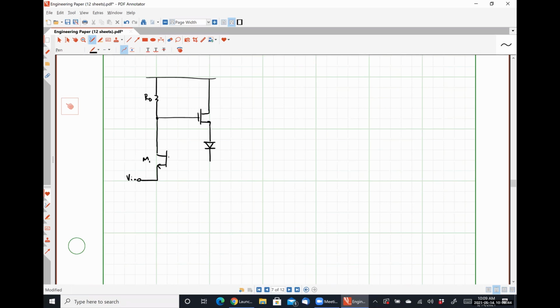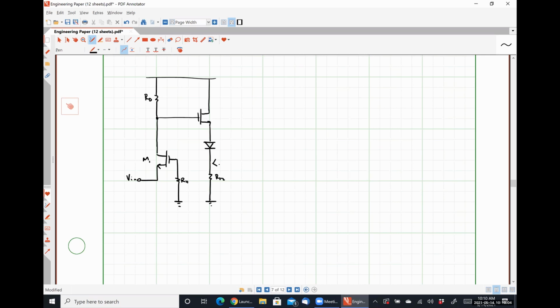This is transistor M1. So the gate of M1 will have a resistor R11 tied between the gate and ground. Then we're looking at our output port here. So it will have the resistor R22 tied between here and ground.